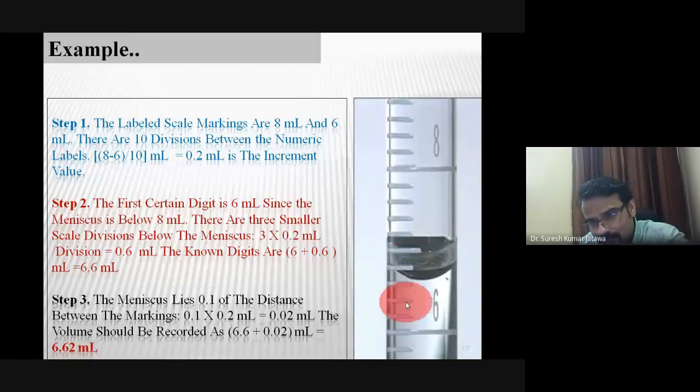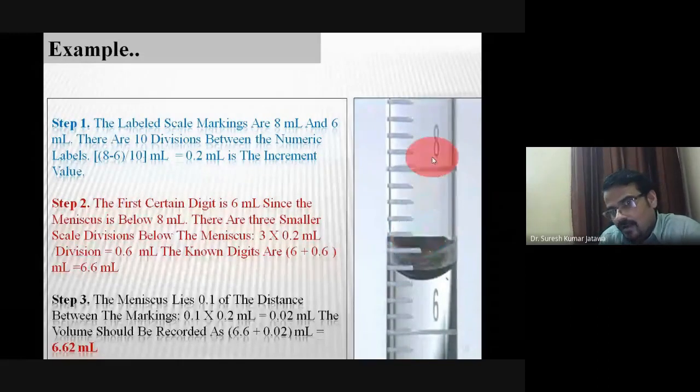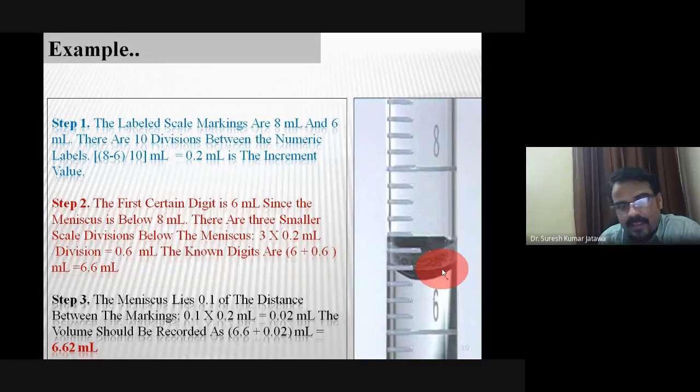So there are 10 smaller divisions between 6 and 8. When 8 minus 6 is 2, divided by the total number of smallest divisions, 10, it becomes 0.2 ml. So this is the measurement of the smallest division, meaning each smallest division is 0.2 ml.